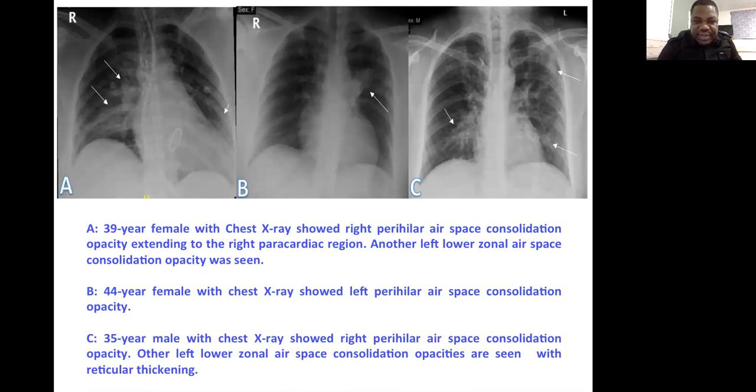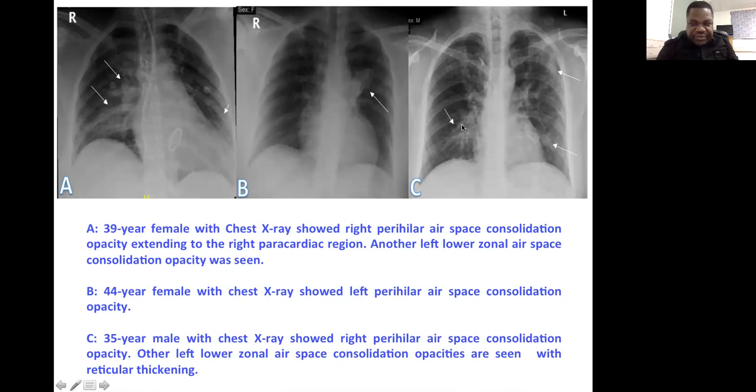And on the left here, you can also see a lower zonal airspace consolidation. And here we have a 44-year-old female patient showing left perihilar airspace consolidation opacity.